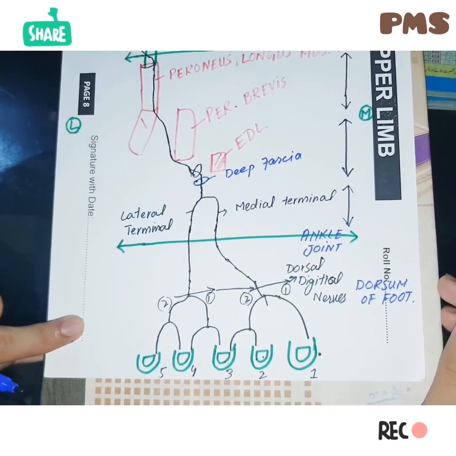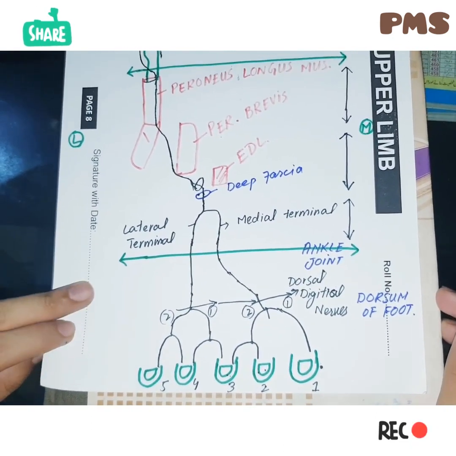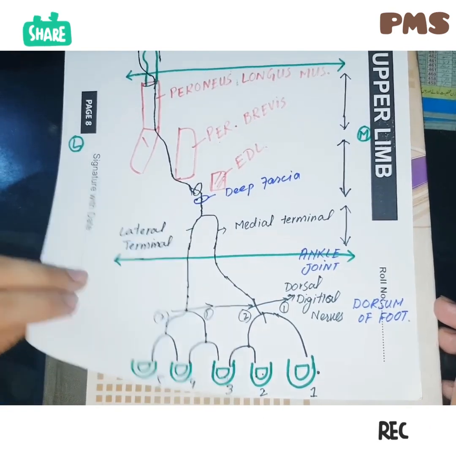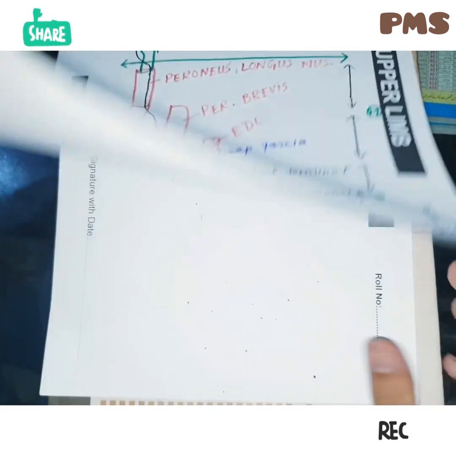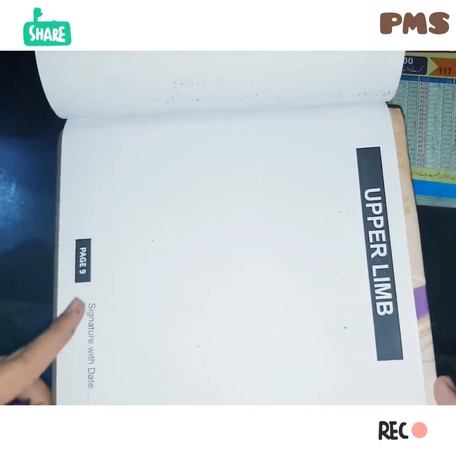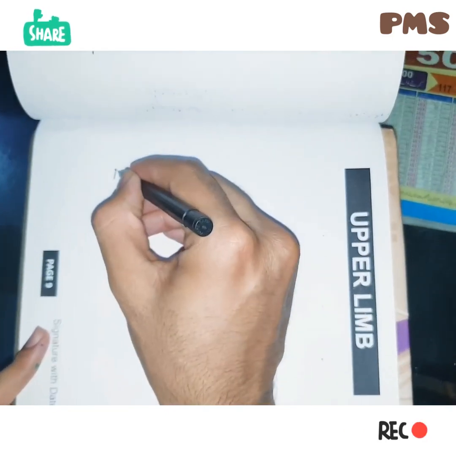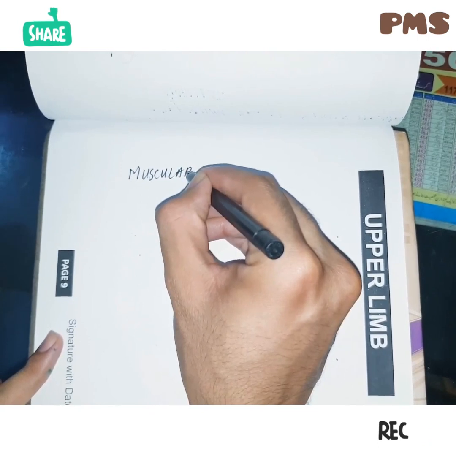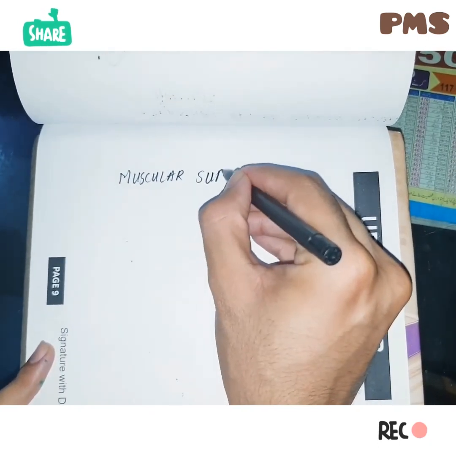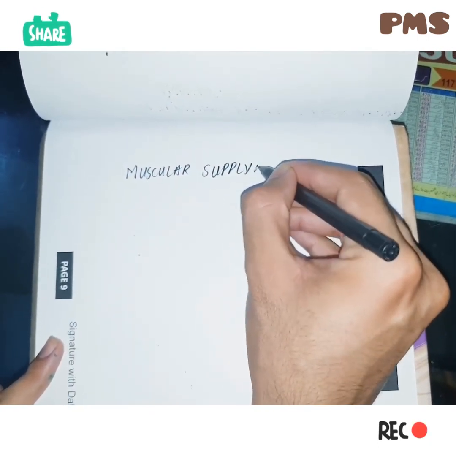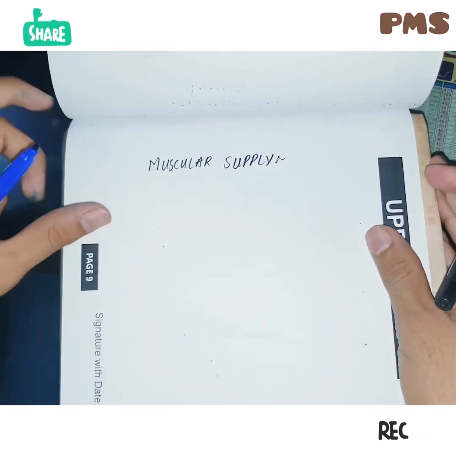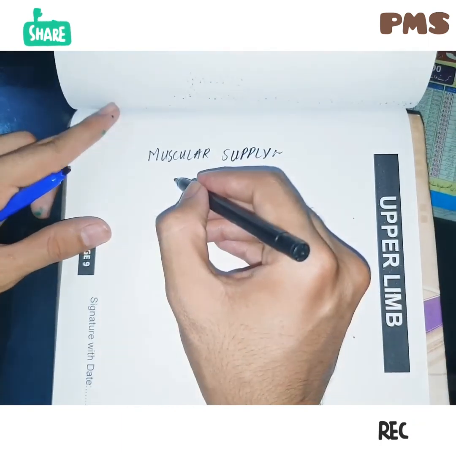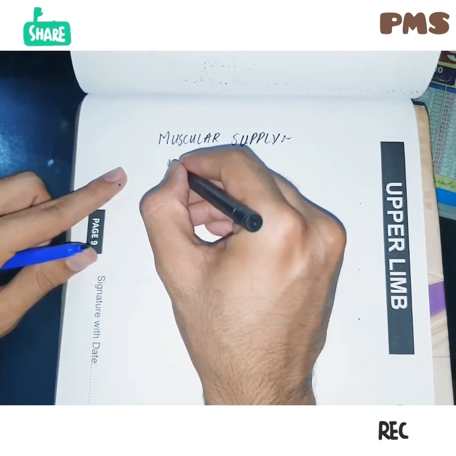So this is all about the course and relations of the superficial peroneal nerve. Let's talk about its muscular supply. The superficial peroneal nerve innervates the muscles of the lateral compartment.